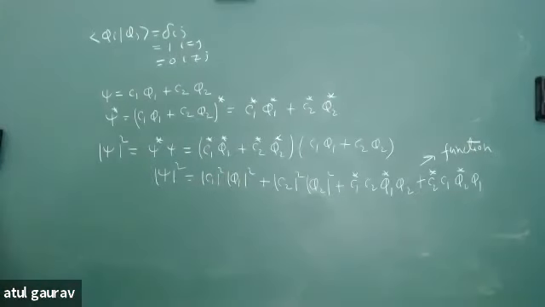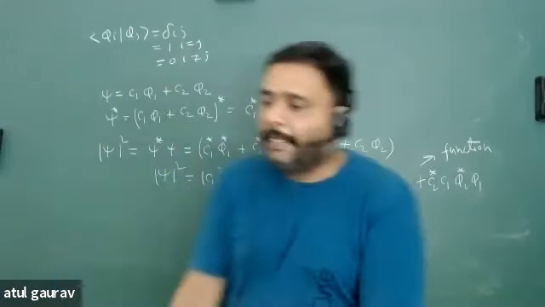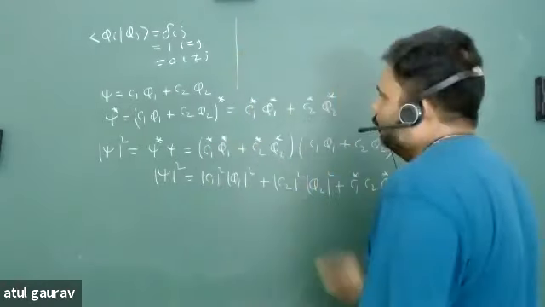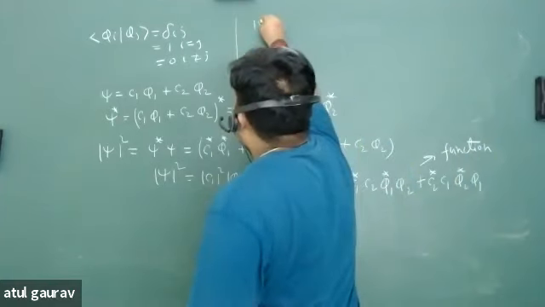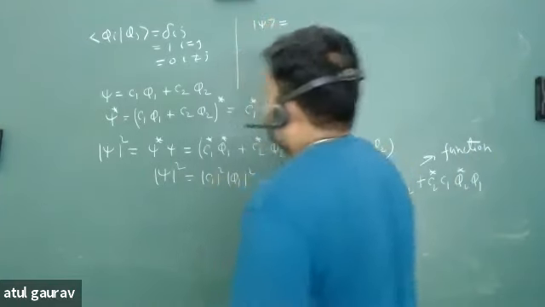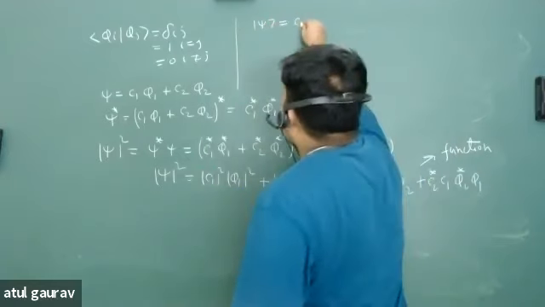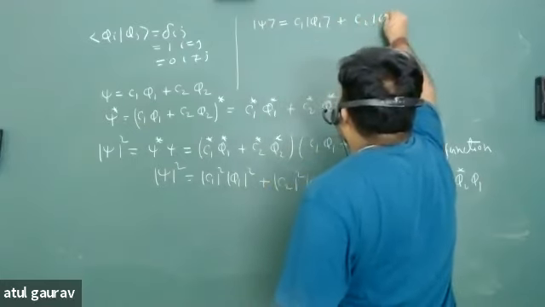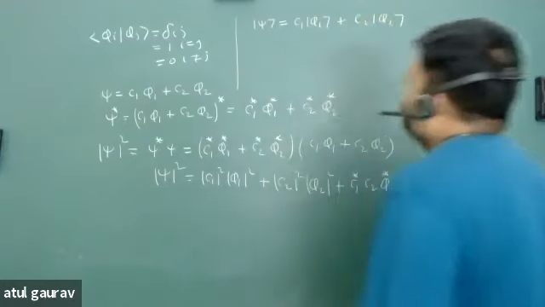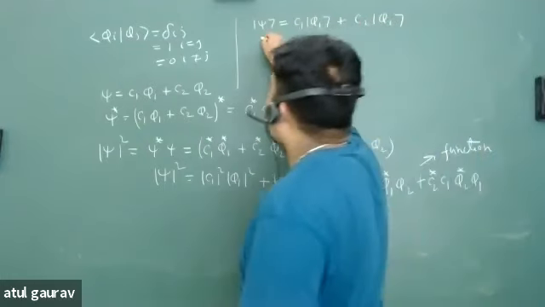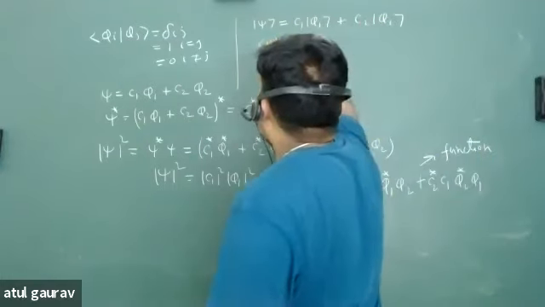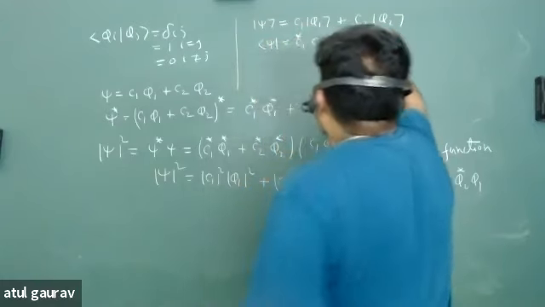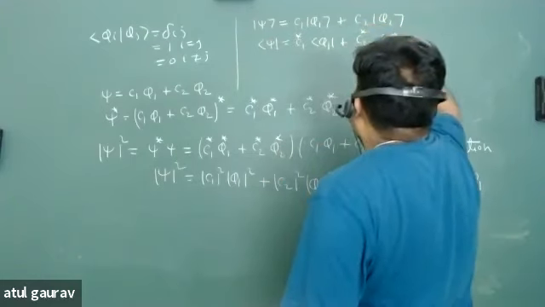Now let's go for writing the same thing, and this is a huge confusion among the students. If I write psi as C1 phi1 ket plus C2 phi2 ket, what will be psi bra? Psi bra is equal to C1 star phi1 plus C2 star phi2.